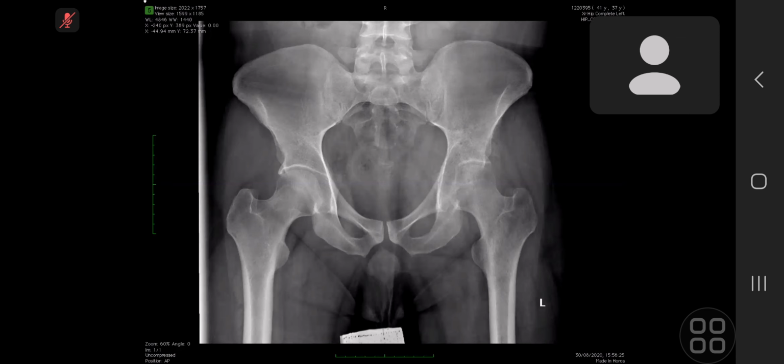However, there are no significant degenerative changes. In comparison, the right hip joint is normal. The rest of the bones, including the bilateral iliac, pubic bones, and the ischium, appear normal.